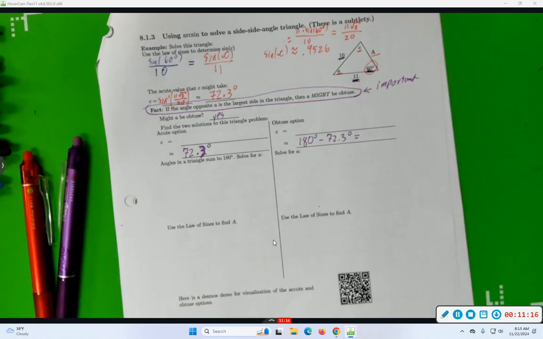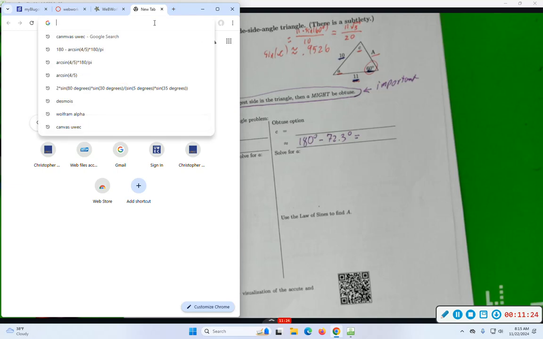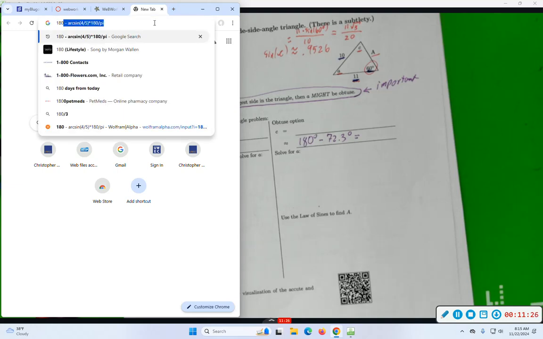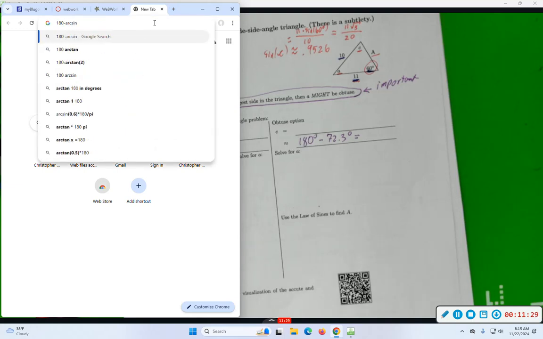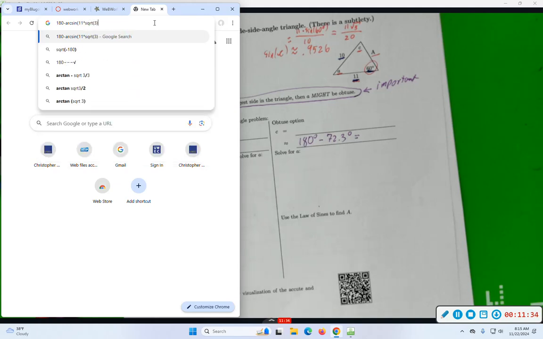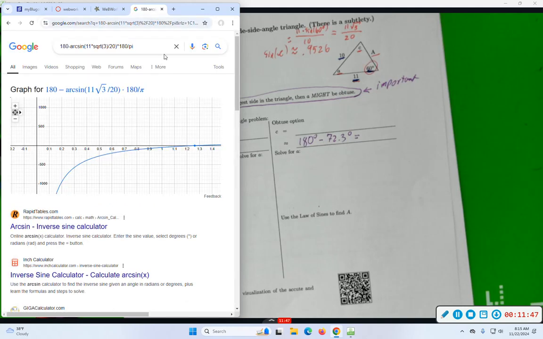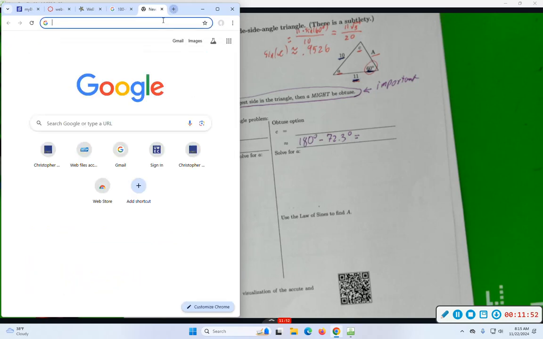And I guess I just have to know what that is. 180 degrees minus arc sine of 11 times square root of 3 divided by 20, all that inside of the arc sine. Google will default to thinking that I want things to be in radians and I don't know how to tell it otherwise. So I'll convert to degrees. And then it just won't do it at all anyway.